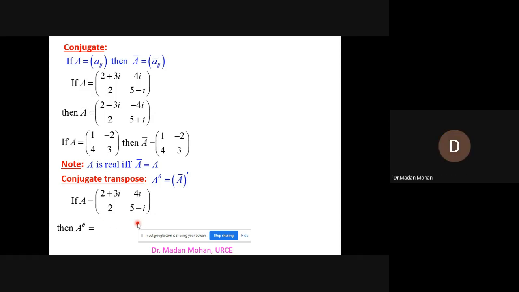Second entry, first row, 2. Very good. The transpose of this one. Minus 4i. Okay, the transpose of that. Clear? Okay, this is A power theta. Conjugate and then transpose is the same as transpose and then conjugate. First take transpose, then conjugate. It remains the same. To denote it, power theta.